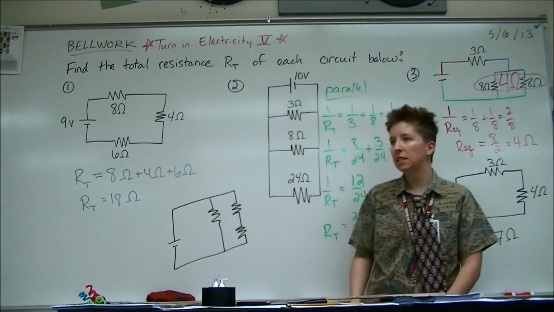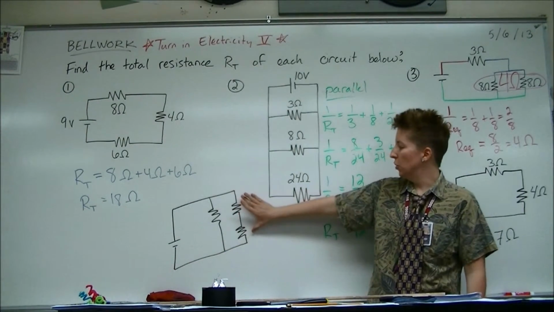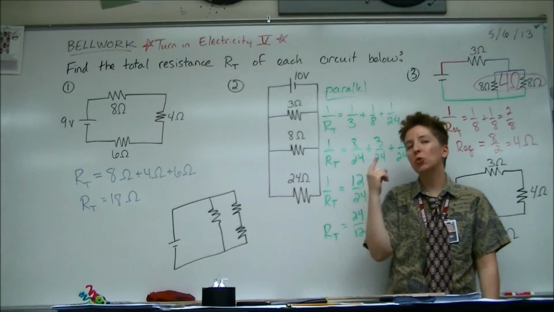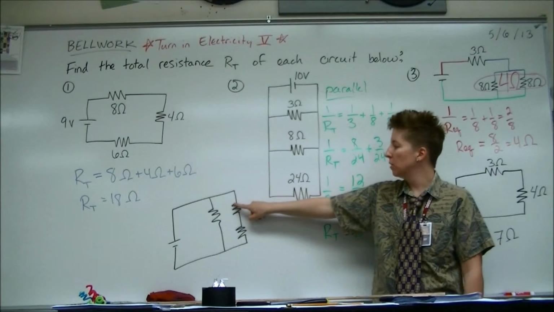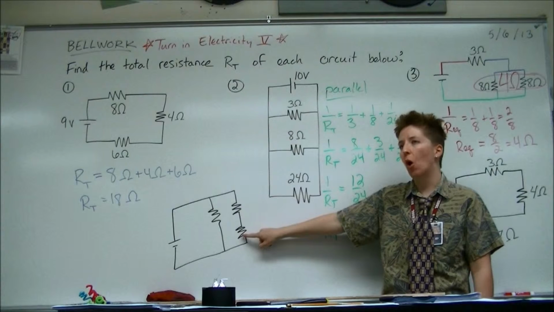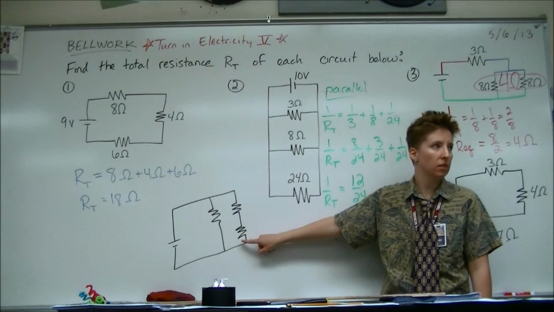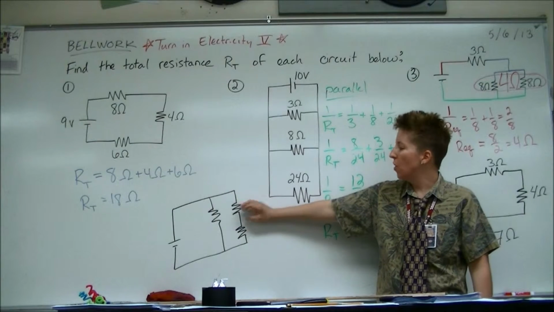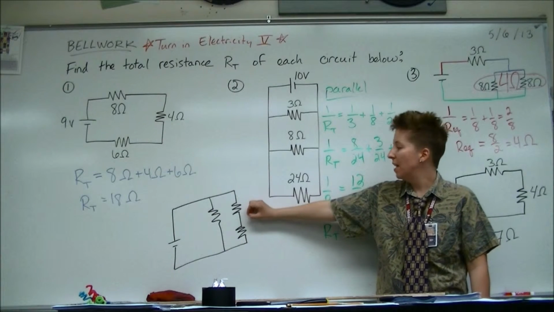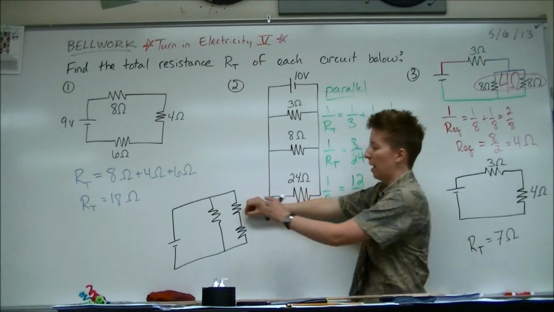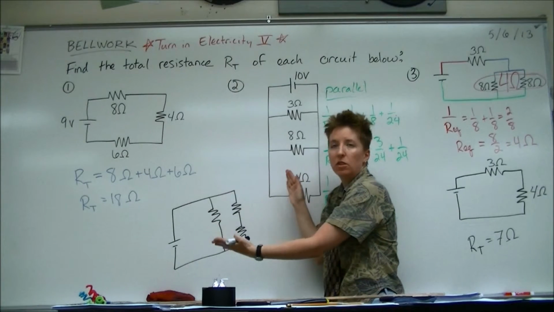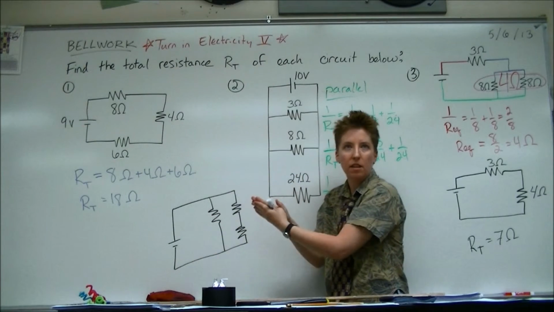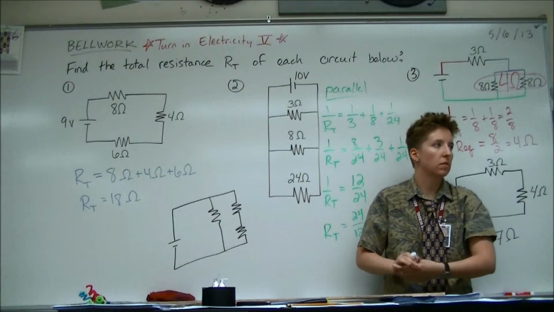Okay, for instance, these two are in series because I can trace a line from one resistor to the other and I don't have any choices. No other path, one path. So I would put those together and then that new thing is parallel to this. So then I'd use the fraction to find the total resistance of those two.